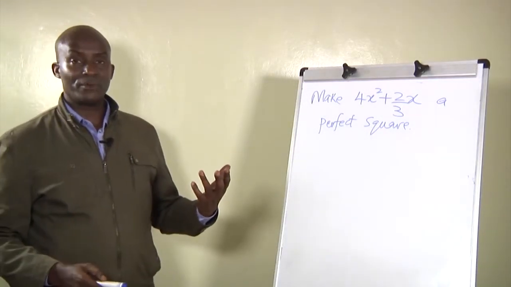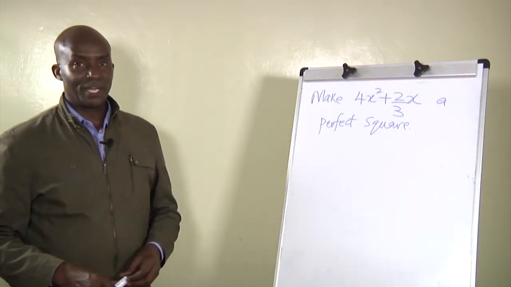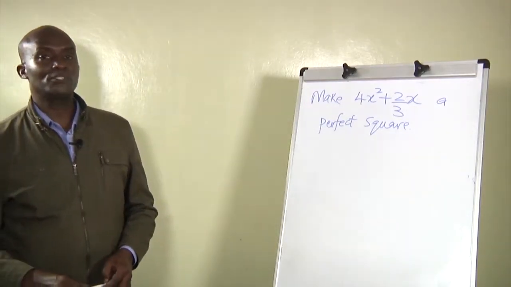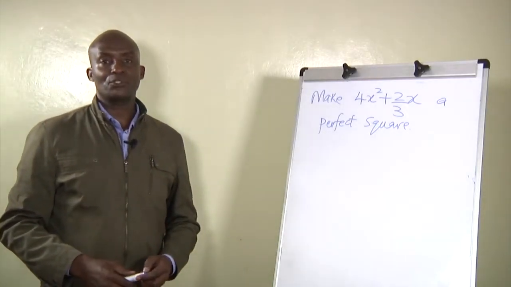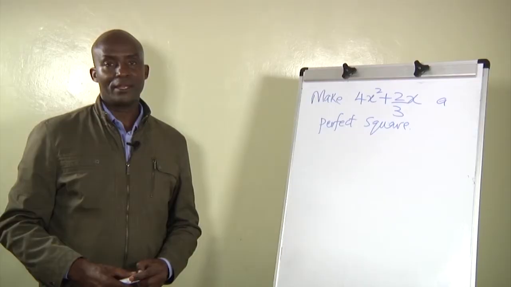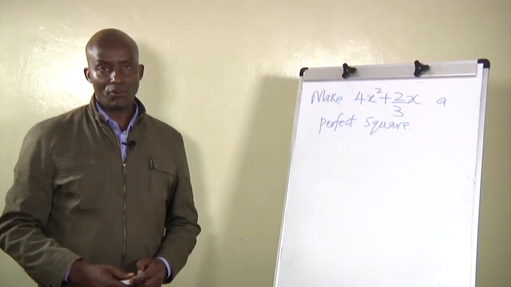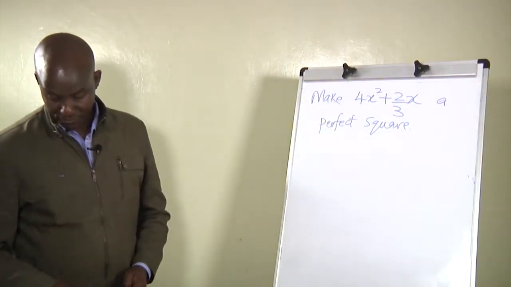Use any of the methods that we have discussed: LT equals MT squared over 4 times FT, or LT equals b squared over 4a, or comparison of coefficients.